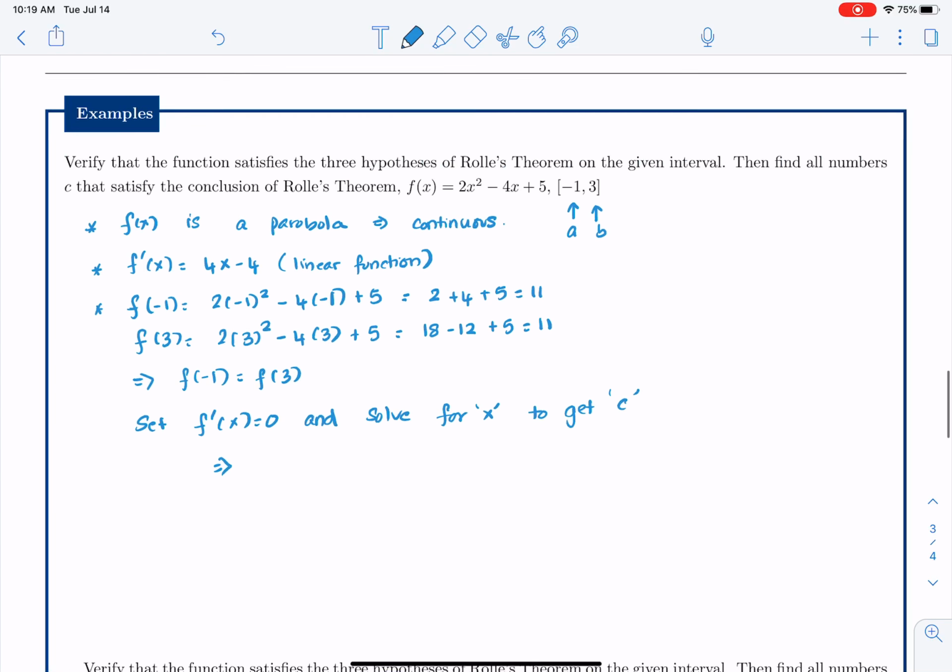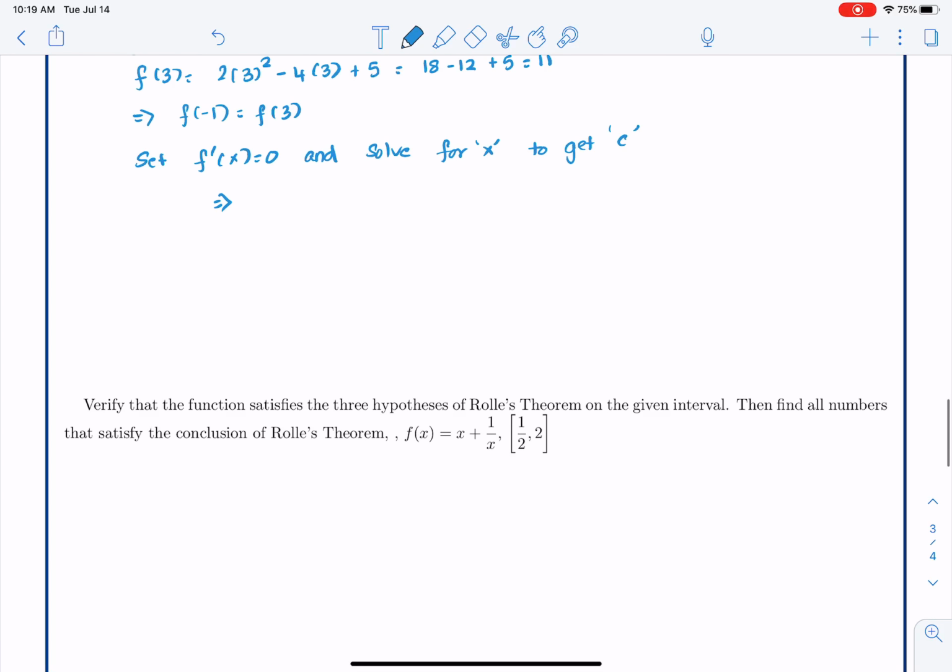So this would imply 4x minus 4 is equal to 0. 4x would be equal to 4, which would imply x is equal to 1, and that 1 lies in the interval (-1, 3). So that would mean Rolle's theorem is satisfied.